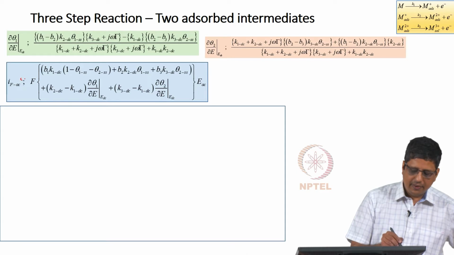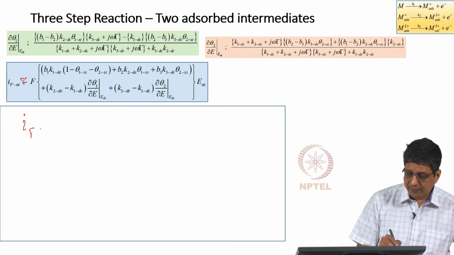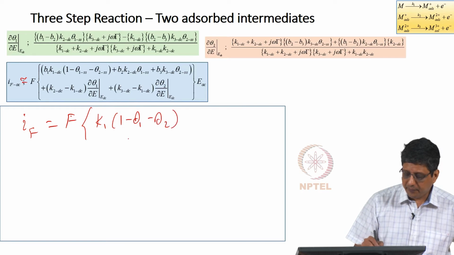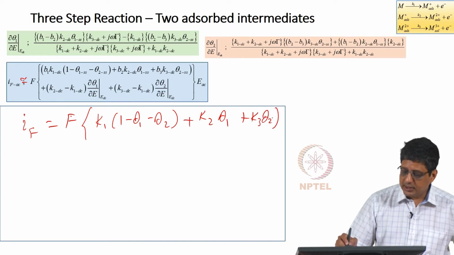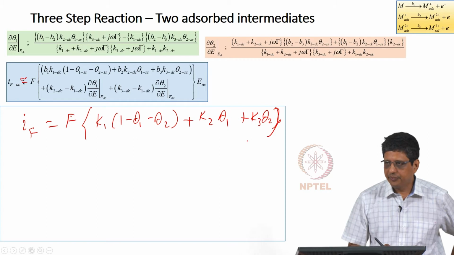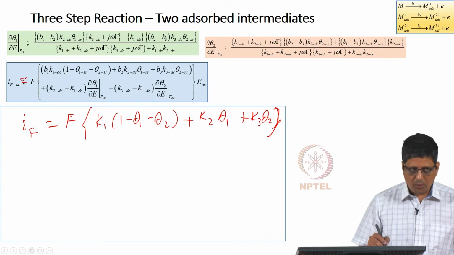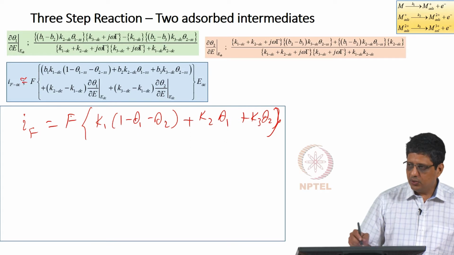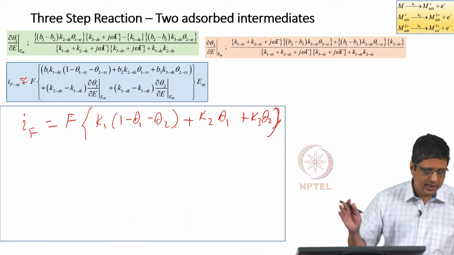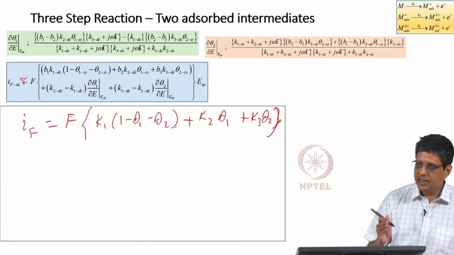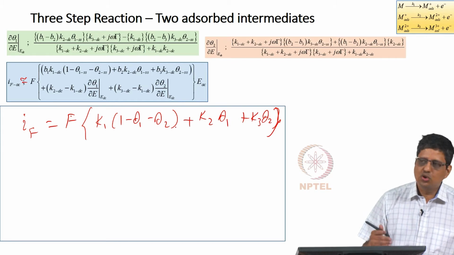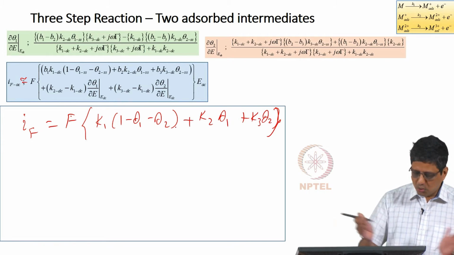We can expand the Faraday current, which is this, the general expression for Faraday current here. Now, I can expand K1 in K1 DC plus B1 EAC, K2, K3, theta 1 and theta 2, expand it, get a Taylor series, truncate it, multiply, throw away all the EAC square terms, group all the constant terms.